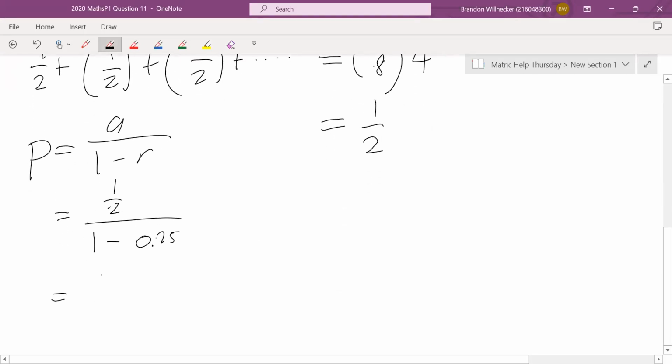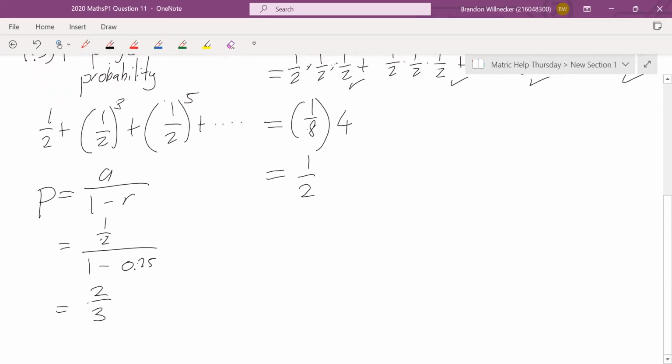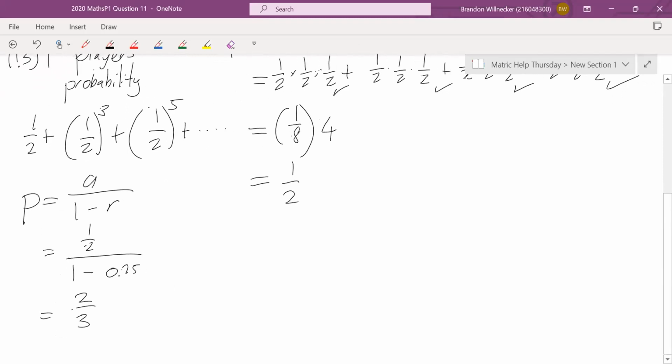Yeah, simplifying this will give us 2/3. Okay, so we just sum up all of those using a geometric series. We're going to get 2/3. Okay, so that's summing up using a geometric series.